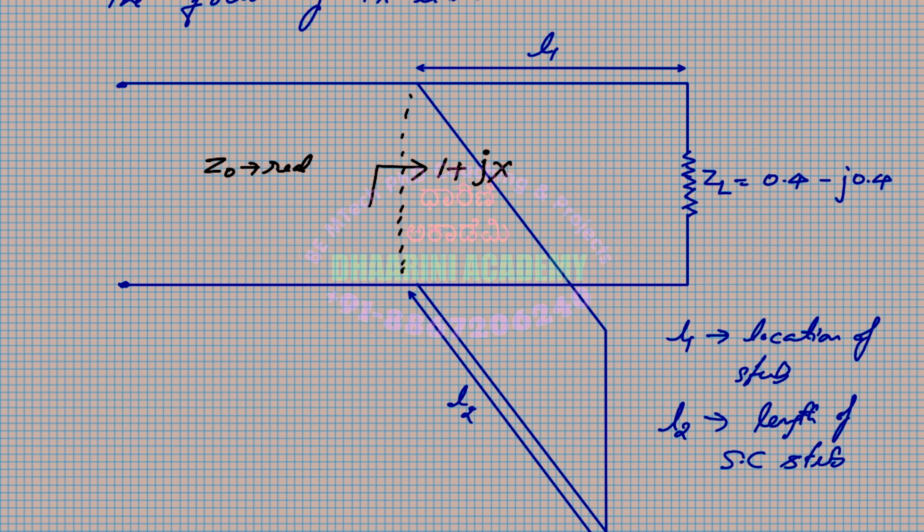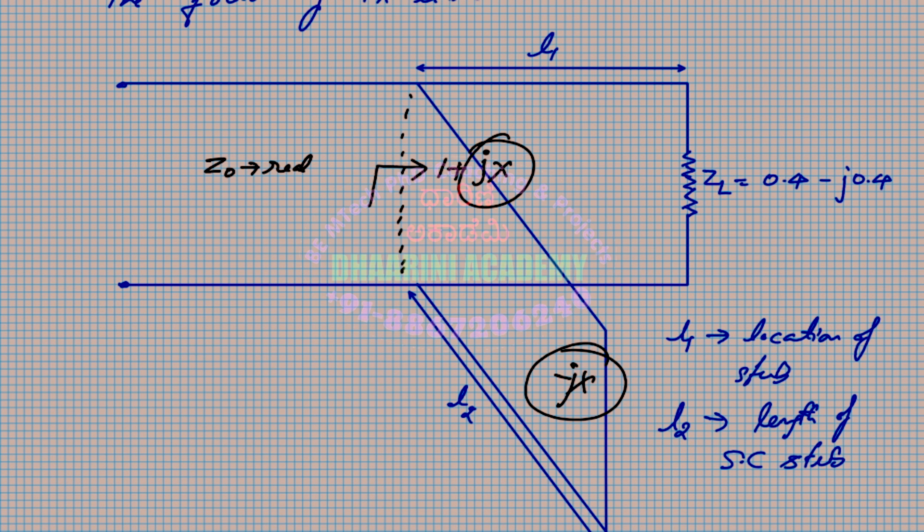So the idea is that I should have a point where Z0 and the real value of the impedance at the point where we insert the stub should match. That's the first point. And this jx can be cancelled by making the impedance of the short circuited stub minus jx. Minus jx plus jx cancels, and you have simply 1 over there. This is the logic, correct?